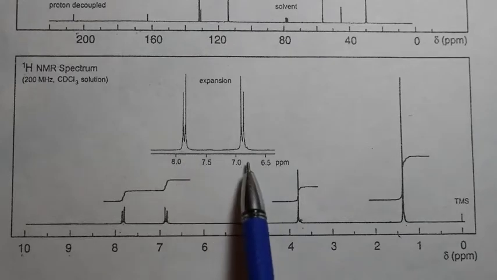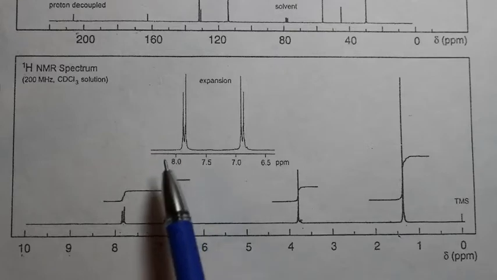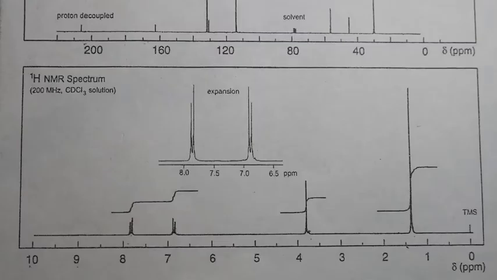In proton NMR, the peaks between 6.5 and 8 are aromatic hydrogens, which means we have a benzene ring in the structure. Whenever you see the integrations as given here in proton NMR, you can measure the height of the integration in order to find out the number of hydrogens for each peak.